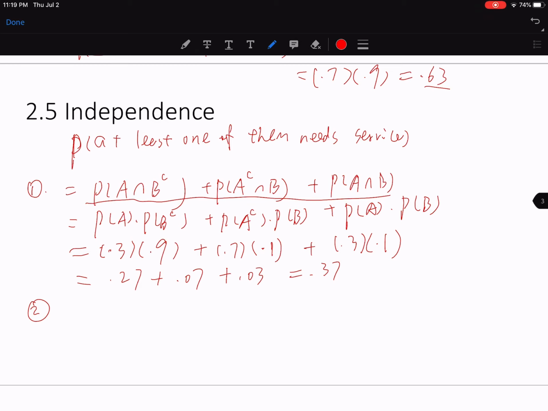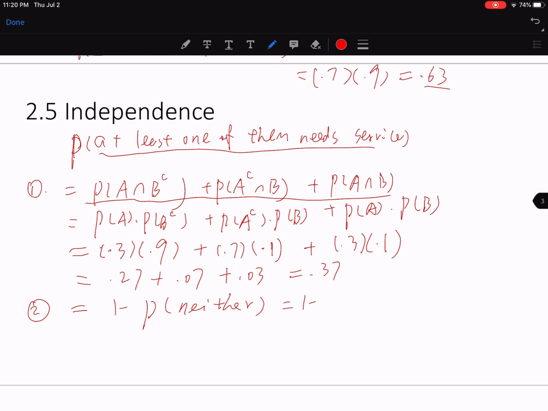Now, let's think of what is the opposite of at least one of them needs service. What's the complement of that? The complement of at least one of them needs service is that neither of them needs service. So this would be equal to 1 minus the probability of neither of them needing service.